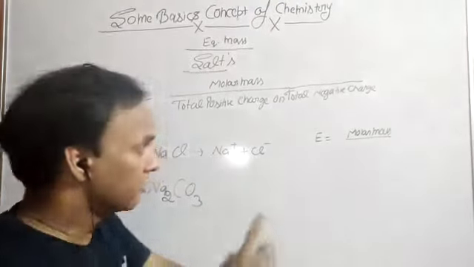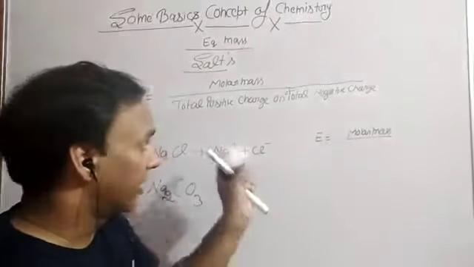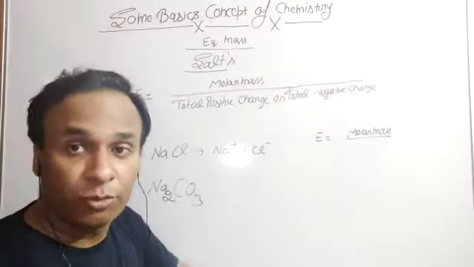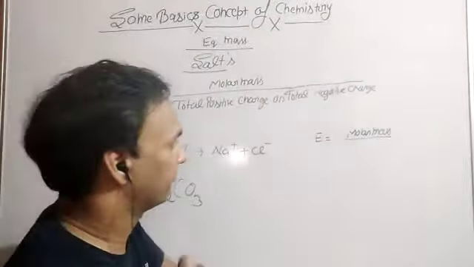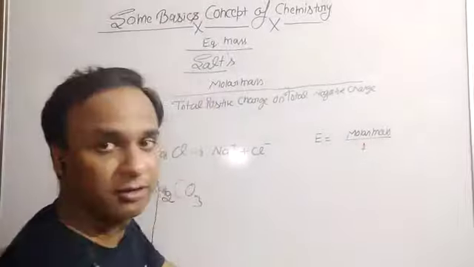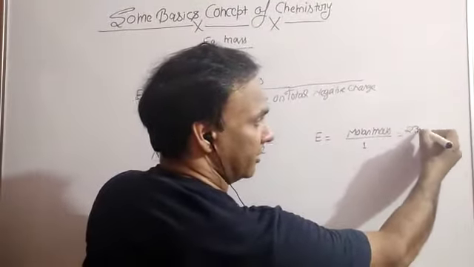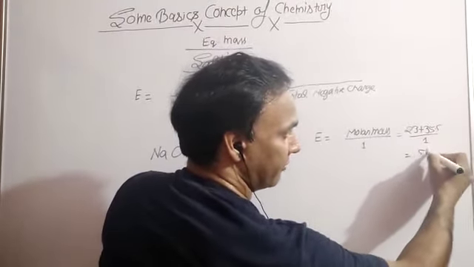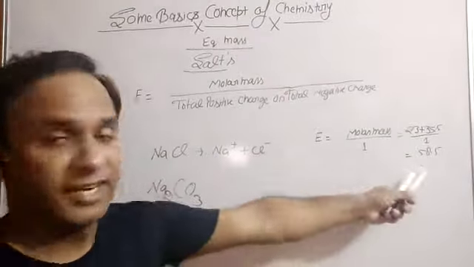In the same manner, Cl consists of only -1 charge. Either we divide by the +1 charge or the -1 charge, both are the same thing, because we have to use the numeric value, not the sign, meaning divided by 1. Sodium's atomic mass is 23, chlorine 35.5, upon 1, that means 58.5. So the equivalent mass of sodium chloride is 58.5.